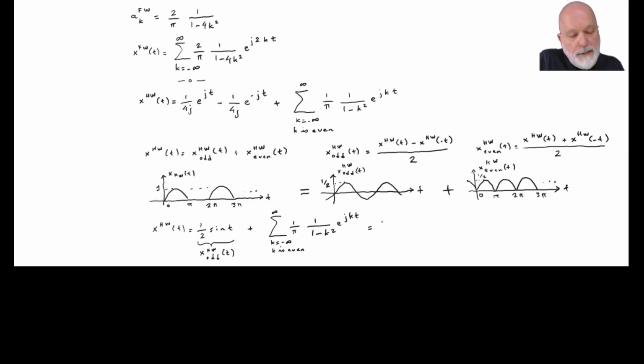But if we look at the expression closely, first of all, let us write down the odd part again, 1 over 2 sine t. The series over there can be written as follows.